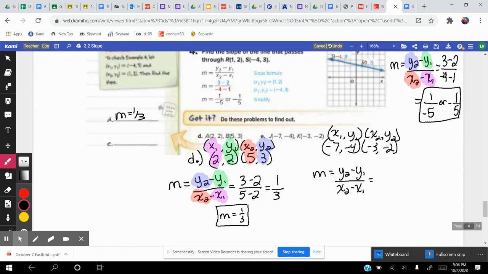So my y2 value is -2, minus my y1 value, which is -4, divided by x2, which is -3, minus x1, so that's minus -7. Because it's subtraction, I want to add the opposite and make it into a positive.